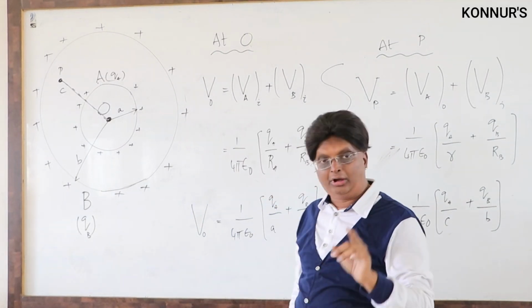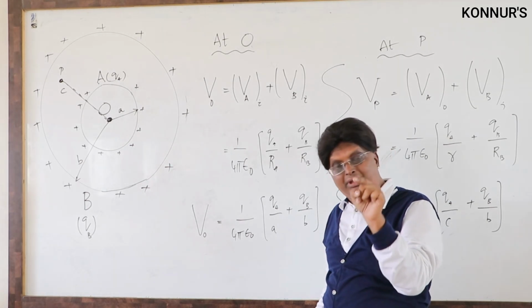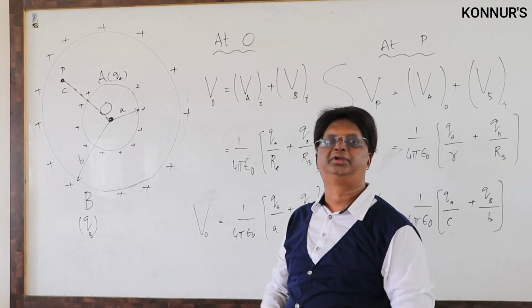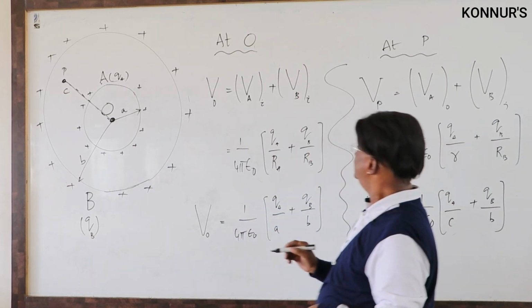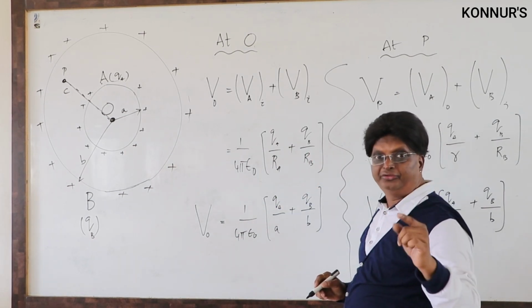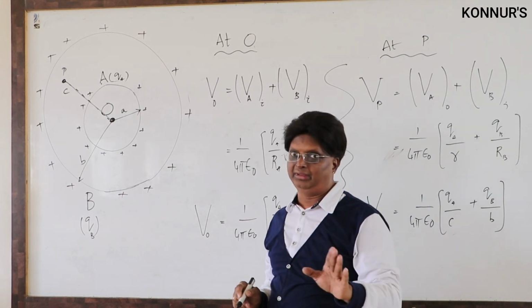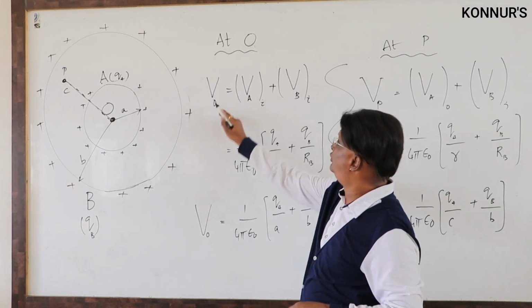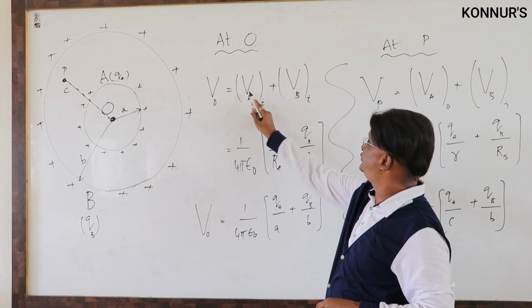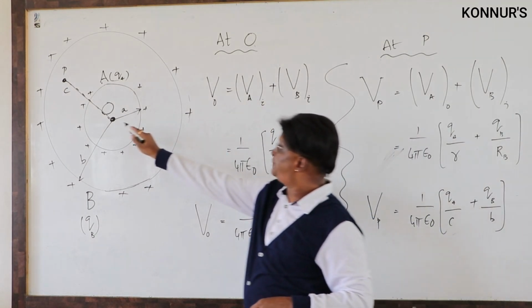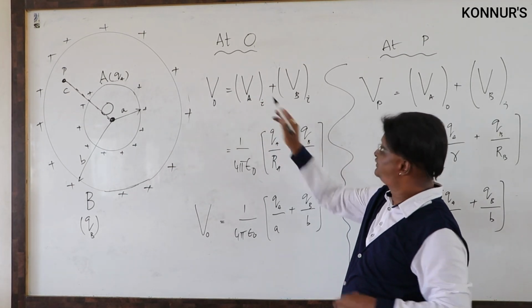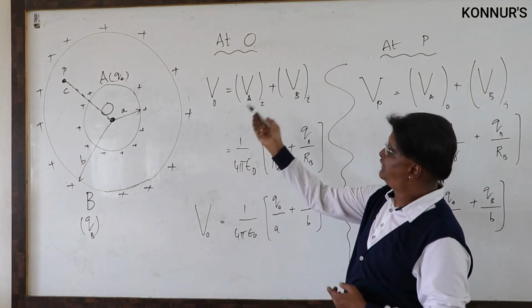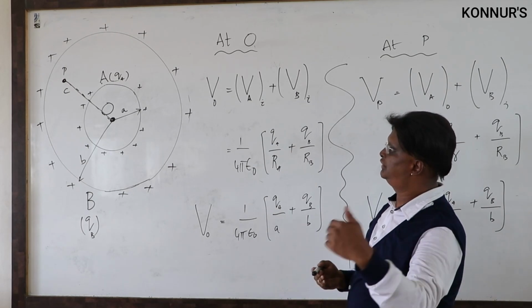Also remember when you are substituting the numerical values, the positive and the negative signs will carry. Don't forget that. Potential due to positive charge is positive, potential due to negative charge is negative. So now V at O is the potential due to A, and O happens to be an inside point. Therefore I have taken potential due to A at an inside point, and also O is an inside point for the shell B as well.